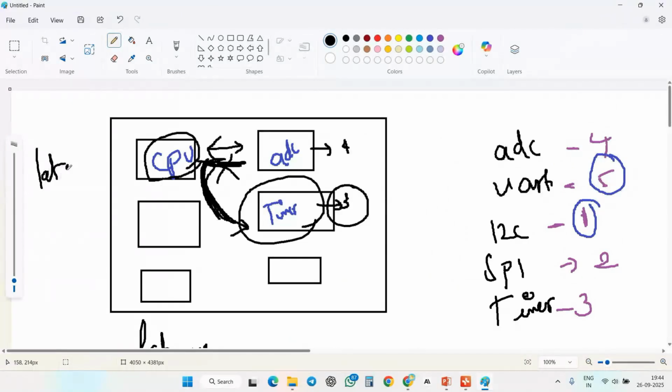That is called switching latency. The time taken to switch from one task to another is called task switching latency. This should also be very small.